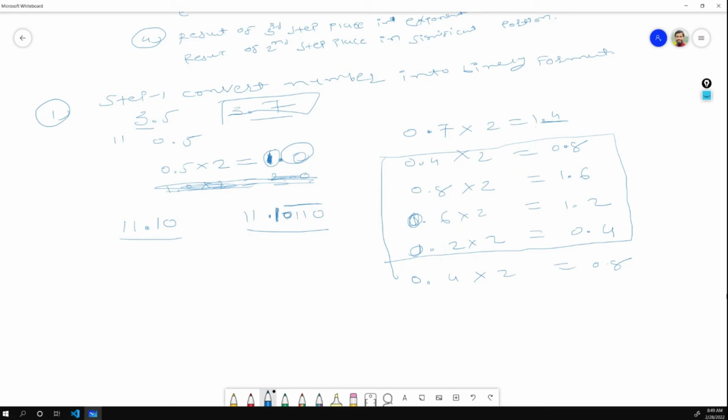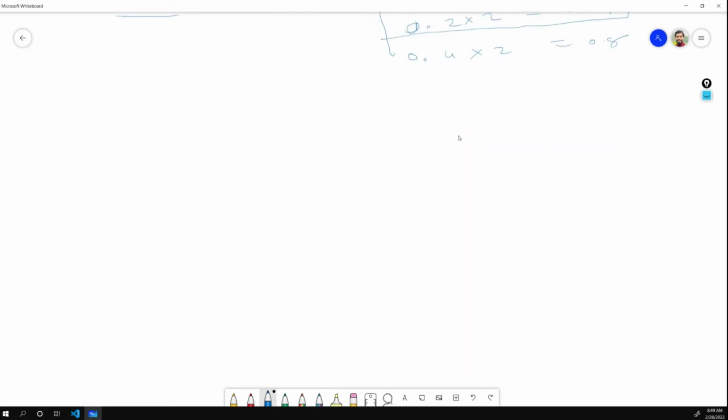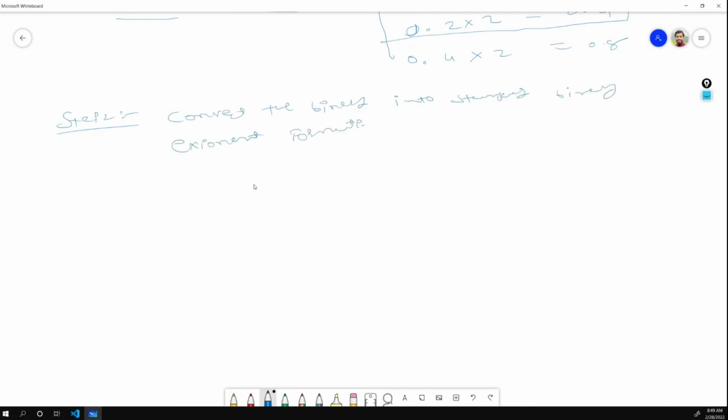Okay, the next step is to convert the binary into the standard binary exponent format. So step 2. What is our binary? First I will write down the binary: 11.10101 with the bar. Right? We have to convert it into the standard binary exponent format. The standard binary exponent format is 1.x raised to plus or minus y.